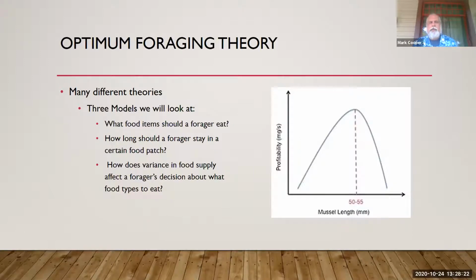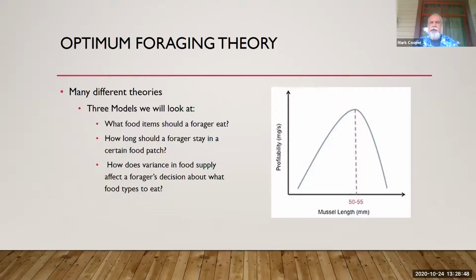Okay, so what we're going to spend the rest of the time on is optimal foraging theory, and I'm going to talk about it a little bit more in the next little video. Optimal foraging theory is, when you're going to look for food, how do you optimize it? What food do you go for? There are things about size.